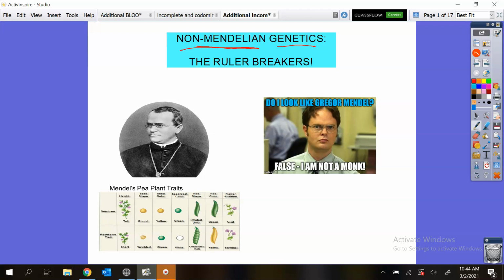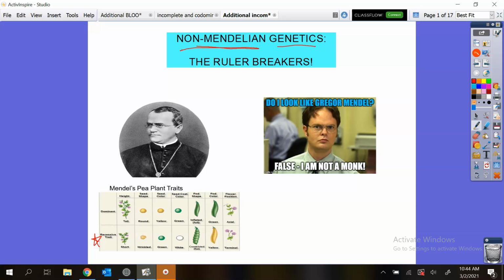He came up with the dominant recessive patterns of inheritance and figured out that if you receive a dominant allele from the parent, it's going to override the recessive. And the only way for the recessive phenotype to show is if you are homozygous recessive for that trait.